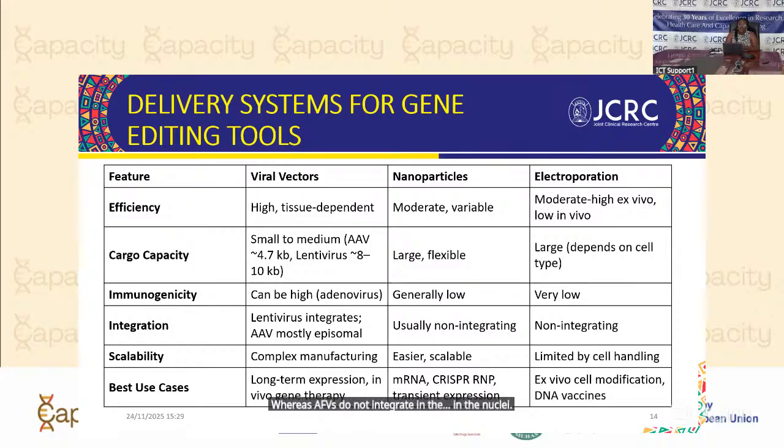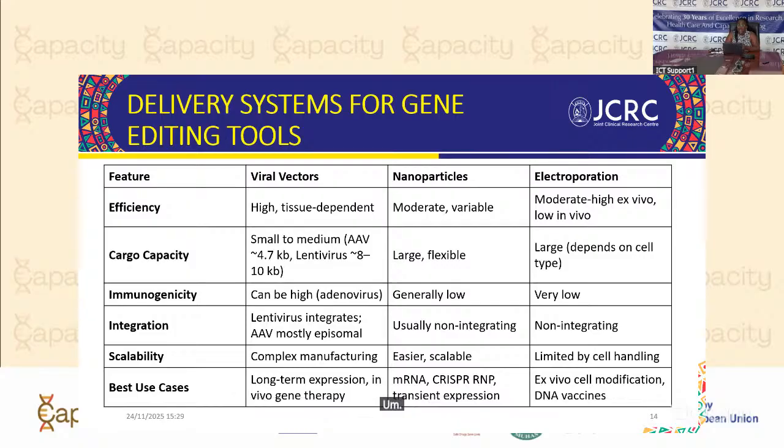Then when we look at scalability, viral vectors are very complex to manufacture. They are best for long-term expression of the gene of interest that you've transferred to the recipient.